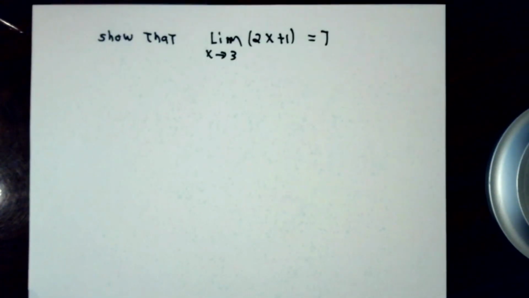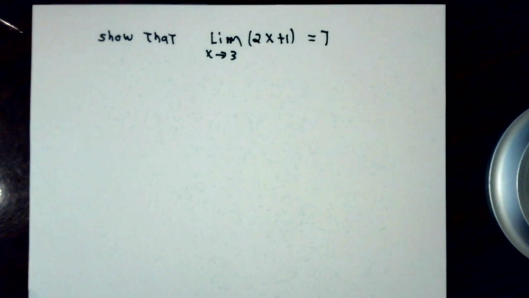To remind you of how dreadful all of this is, let's show that the limit as x approaches 3 of 2x plus 1 is 7 using the epsilon delta argument. I have to look at the difference between my function value, 2x plus 1, and 7.